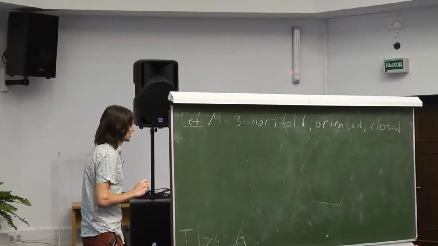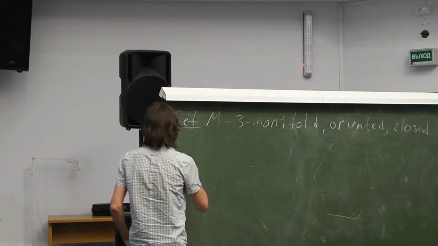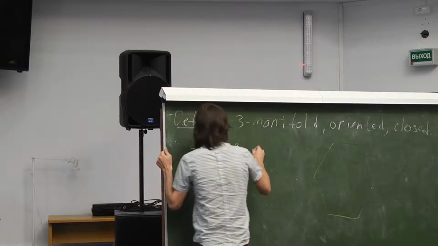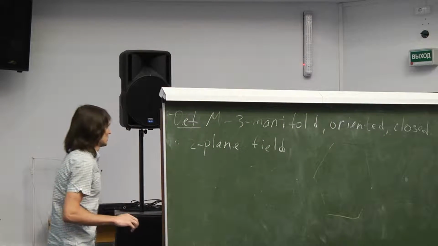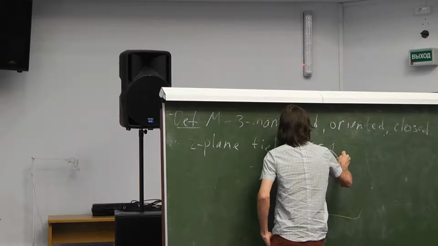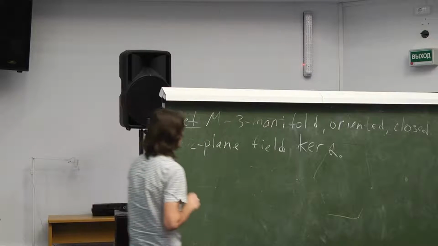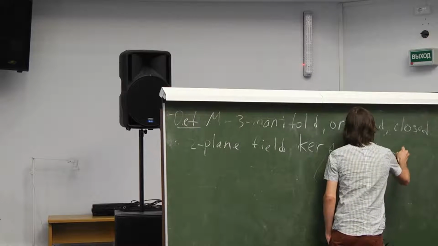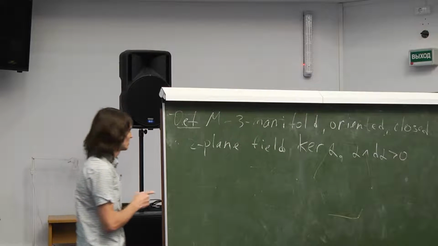By a contact structure on M, we call a two-plane distribution, a two-plane field, which is specified by one form. And there is a restriction on this one form: this non-integrability condition.